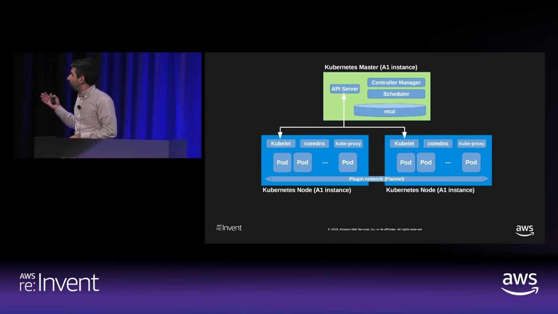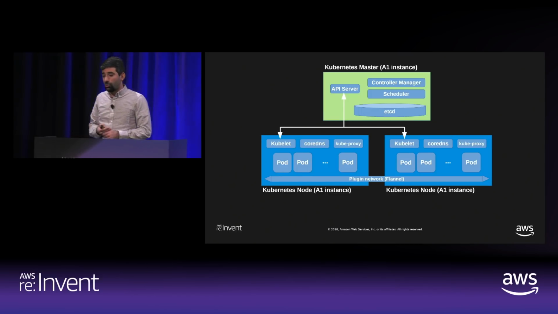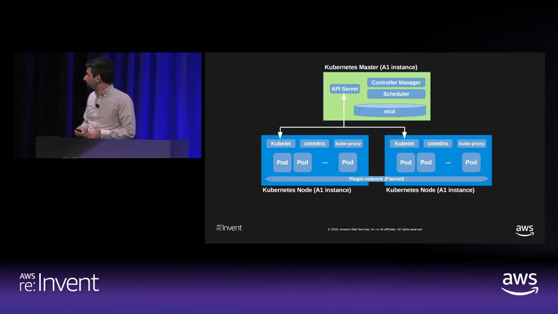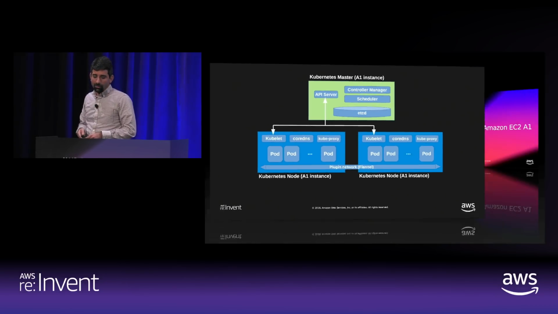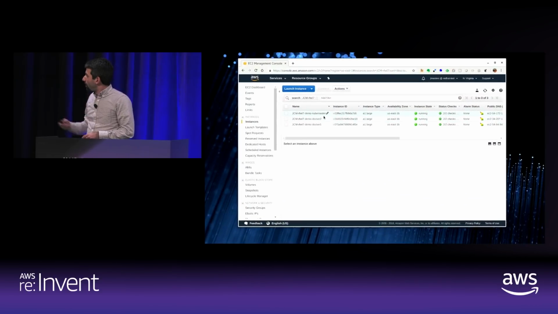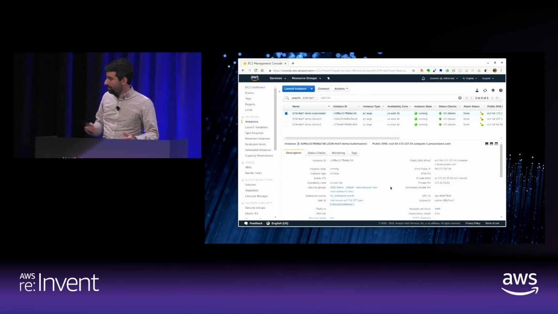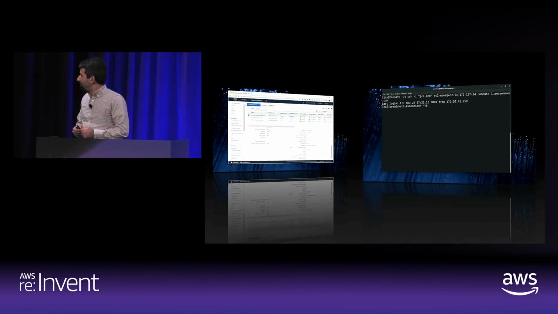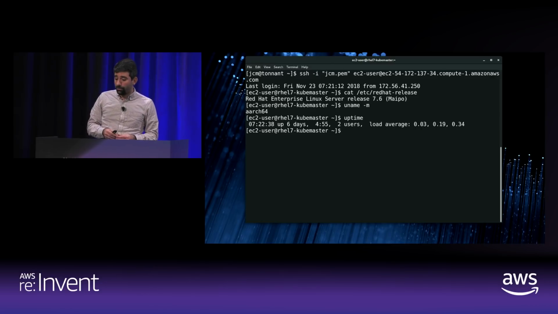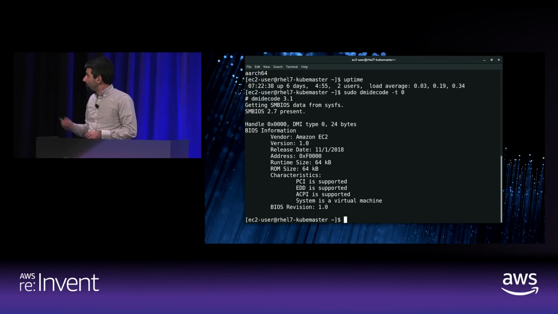So in this, there's 3 nodes that are going to be used. One's a Kubernetes master and 2 Kubernetes nodes. And just back to that same console page, showing 3 instances that have been running. They're running RHEL 7.6 in this case. They've been up for a little while. The vendor's Amazon EC2.